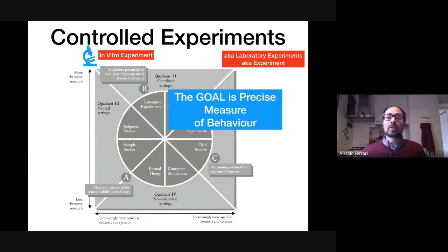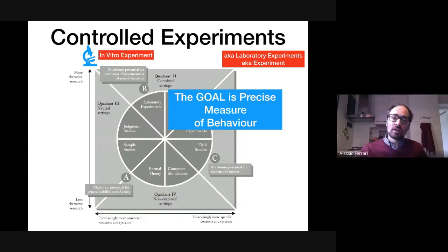A setting in which I am, for example, in the lab. Of course, for a software engineering experiment, it doesn't necessarily need to be like a scientific lab, but at least a room or a space in which you can eliminate some confounding factors or some confounded variables, as we will see in the next slide.